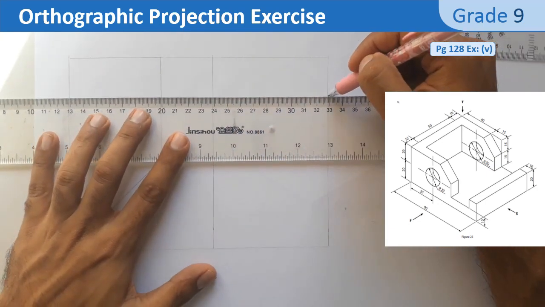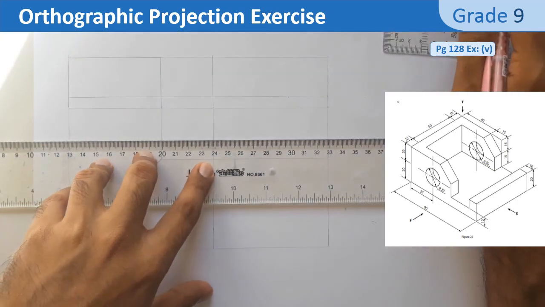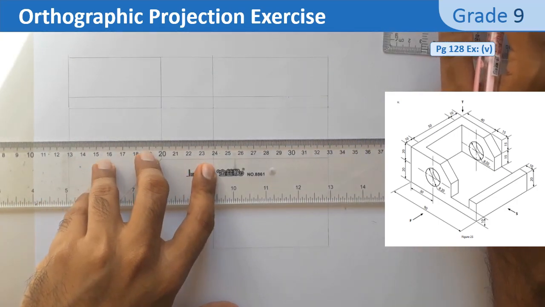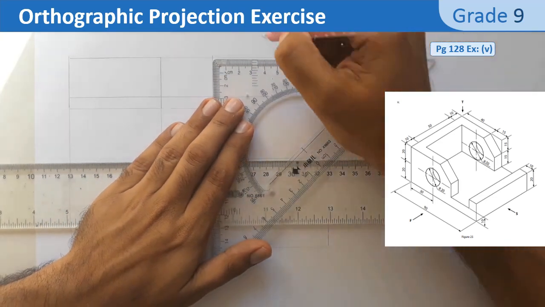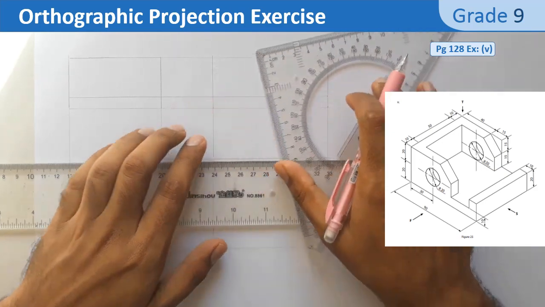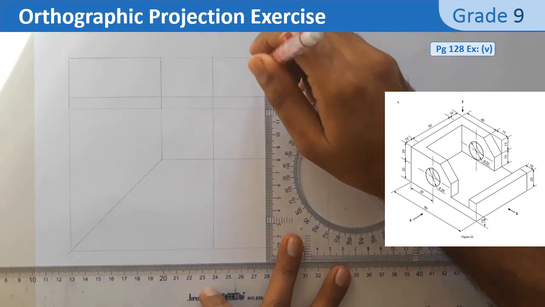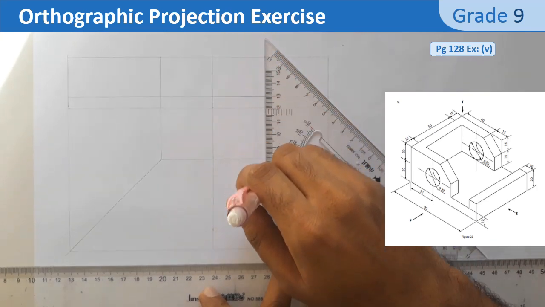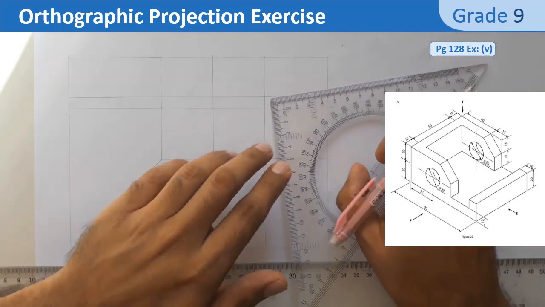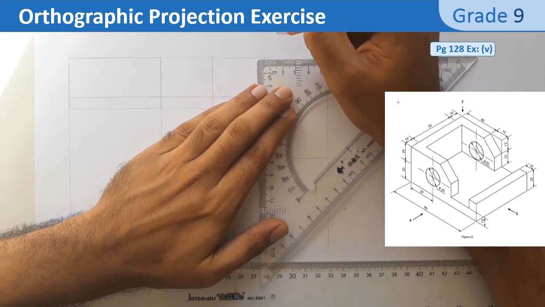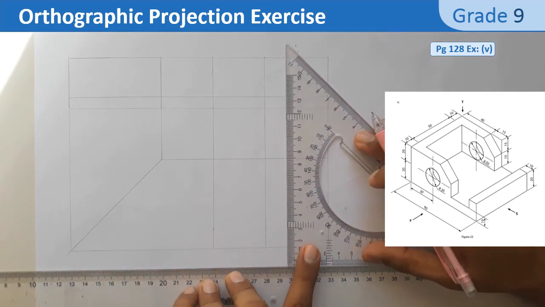Now I start drawing the front view. Every horizontal projection line will be drawn in such a way that it reaches the side view. And the vertical projection lines will obviously reach the top view.